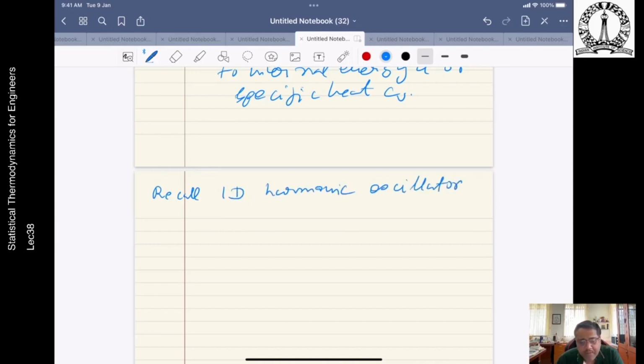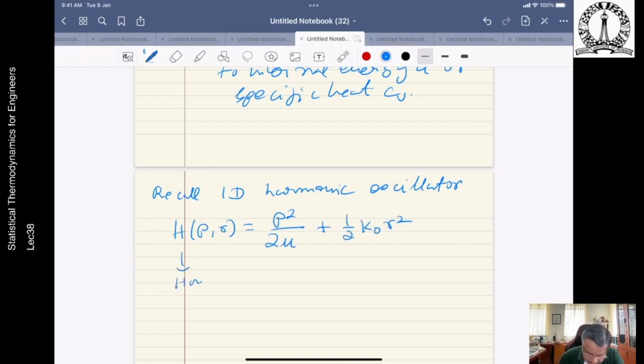The harmonic oscillator. The Hamiltonian defining the total energy of a conservative system. So if we write that, H equals p squared over 2 mu plus half k r squared.